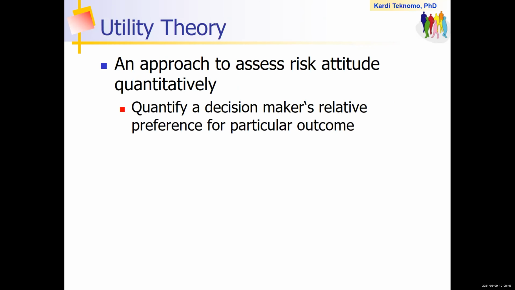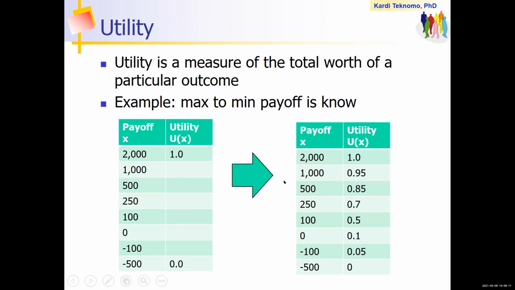So utility theory is an approach to assess the risk attitude quantitatively. You want to quantify the feeling of the decision maker using numbers, using preference. So what is utility?